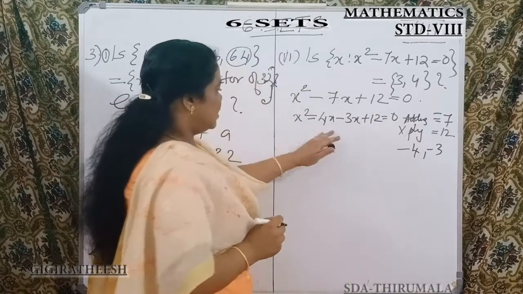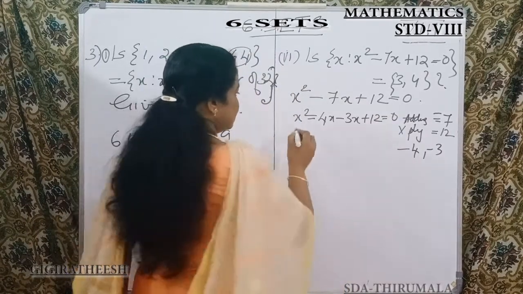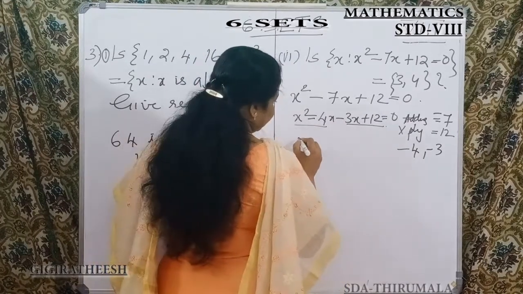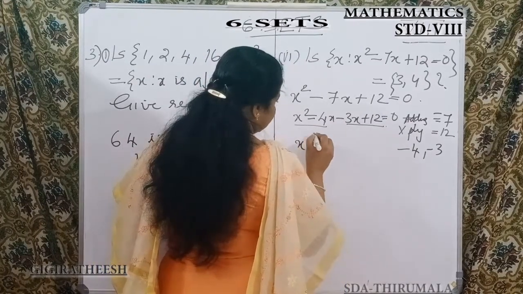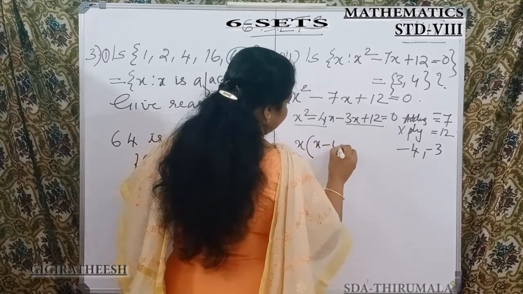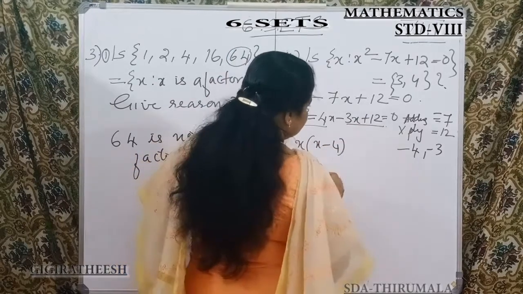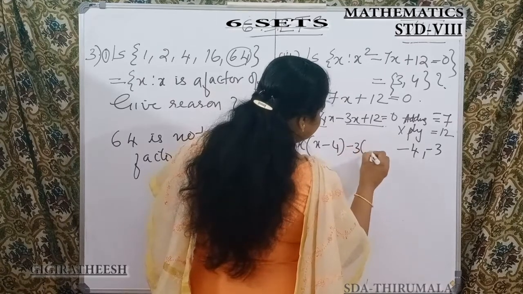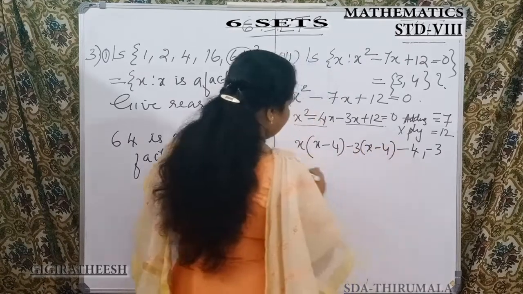Then grouping these two, x is common here, taking x outside, we get x minus 4, and here taking minus 3 outside, we get x minus 4.